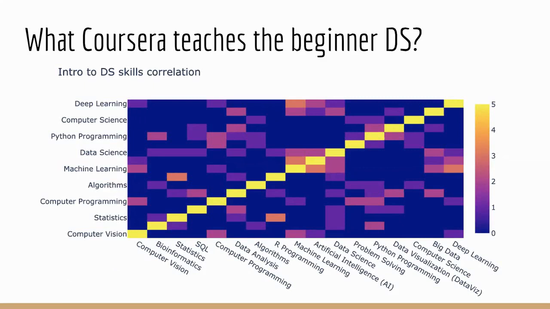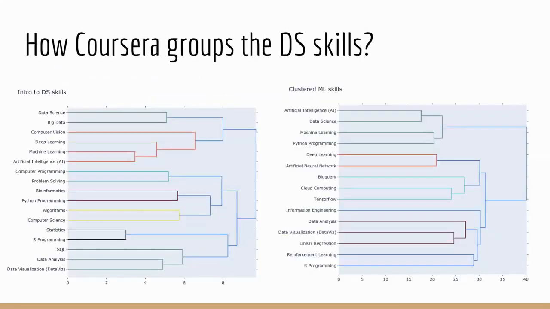This is actually the frequency of occurrence of keywords in separate courses, and then we did some hierarchical clustering and applied it to the most frequent skills listed in courses, first for beginner courses, and then for the general pool of data science courses. This supported our ideas on how the skills in data science should be divided into different courses, skills groups.